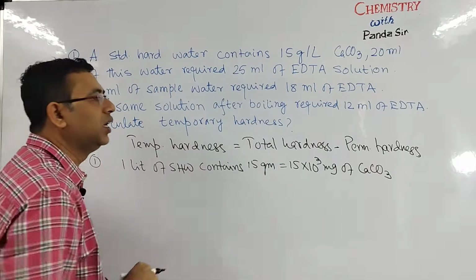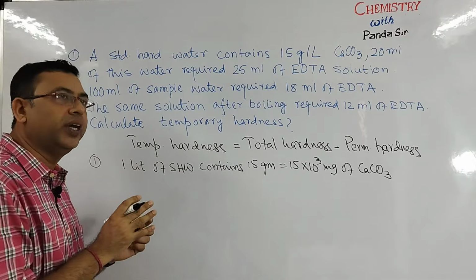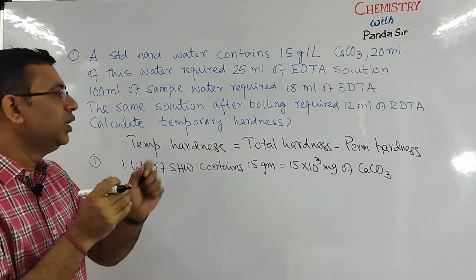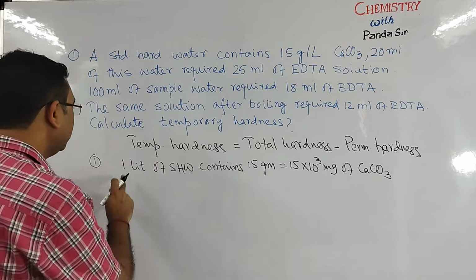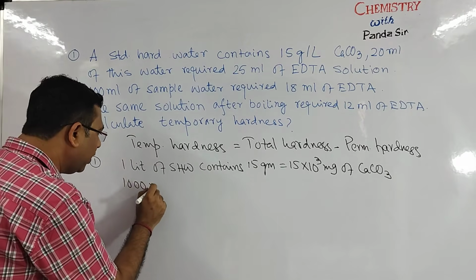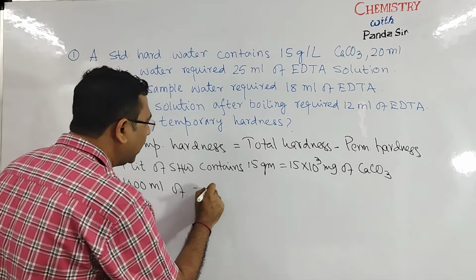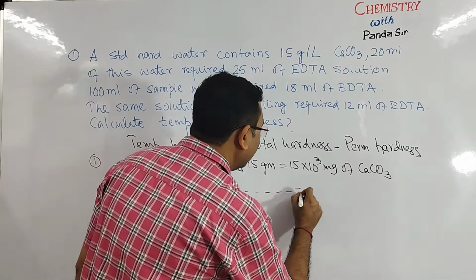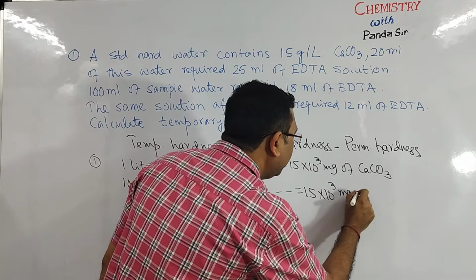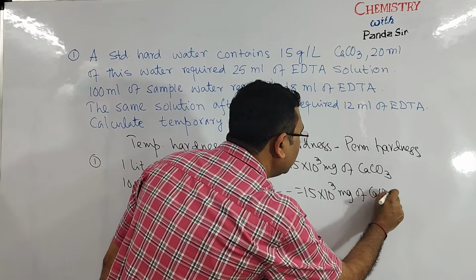I can do that because I told you we have to find out the amount of calcium carbonate present in milligram per ml. So 1 liter means 1000 ml of standard hard water contains, let's say, 15 into 10 to the power 3 milligram of CaCO3.